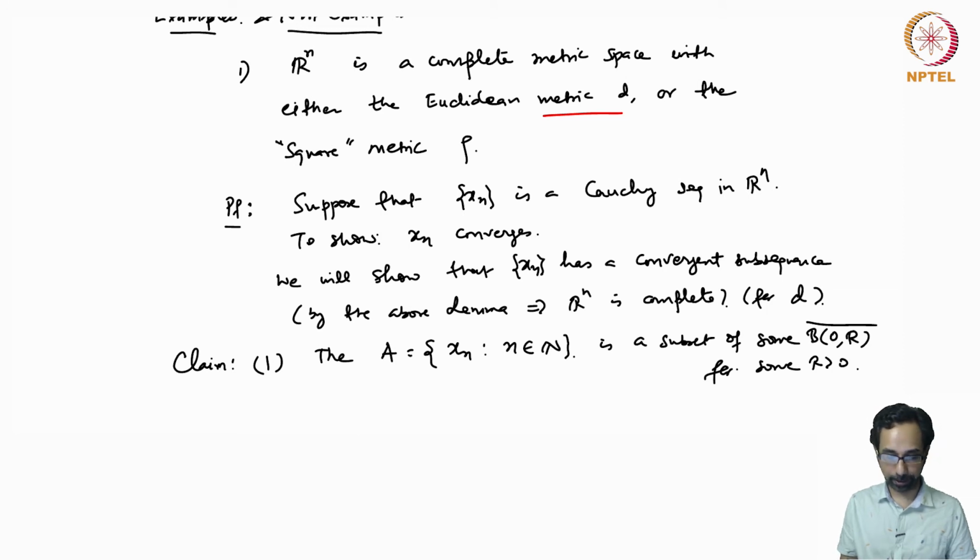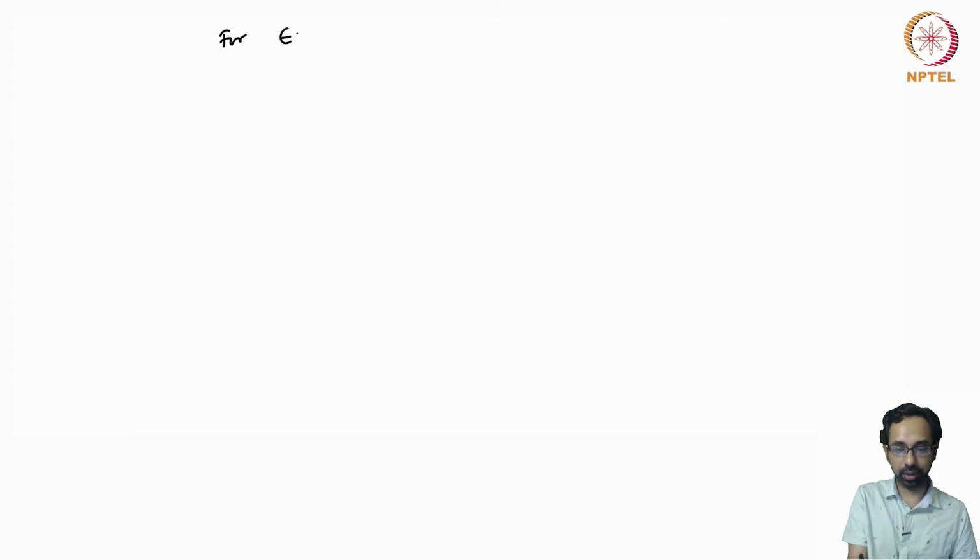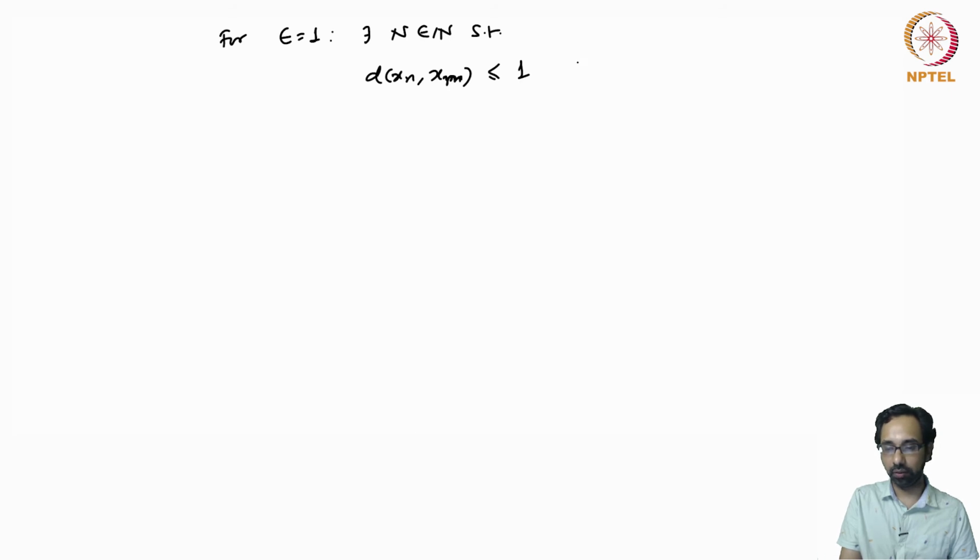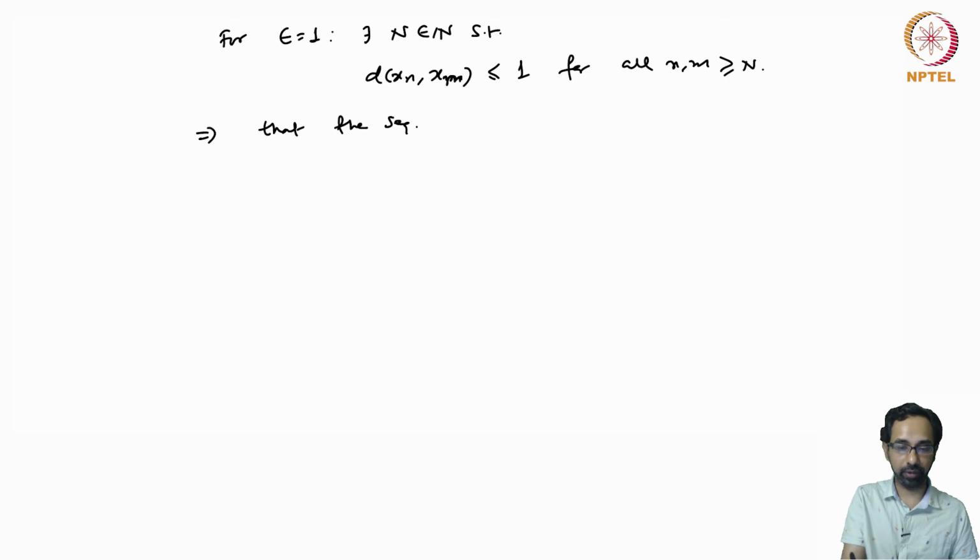To show this, we use the Cauchy criterion. For epsilon equal to 1, there exists a capital N such that the distance between x_n and x_m is less than or equal to 1 for all n and m greater than or equal to capital N. And this implies that the set A, which is the set of all these points in the sequence, is bounded.